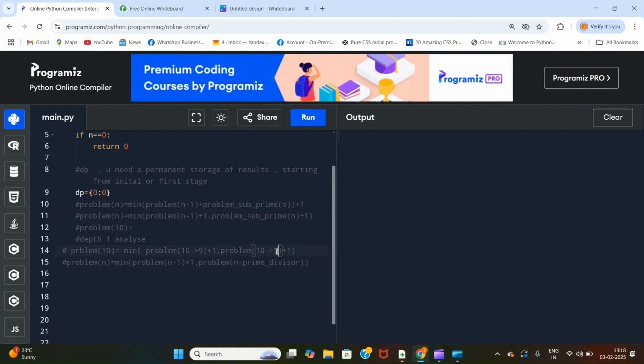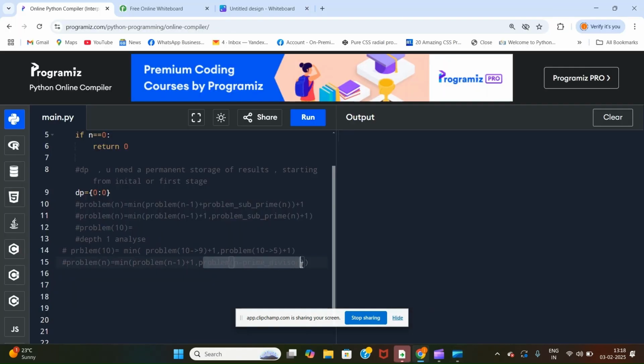Okay, like 5 was a prime divisor of the 10. Okay, one of the prime divisor, and ये prime divisor आपका कोई भी prime divisor हो सकता है from your set. Okay, and then after solving this problem what you did, you added it by 1. Okay, and you were considering the minimum out of this. Okay, now final formula looks like this.